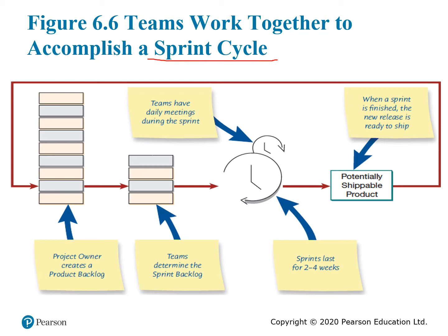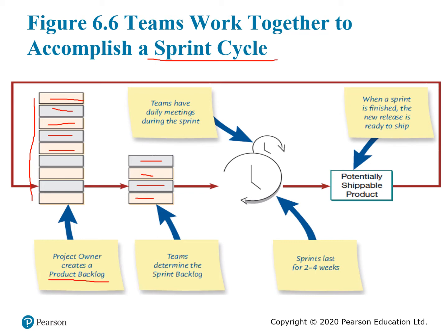You can see here the product owner creates the product backlog, the list of features of the product, the expected or estimated features and specifications, and then we list down the sprint backlog, determining the tasks to achieve these features.